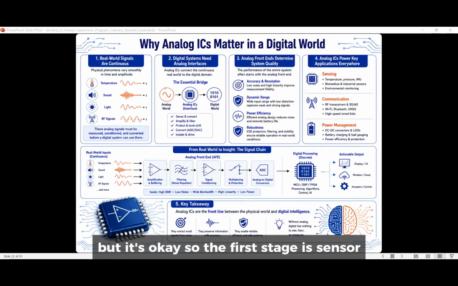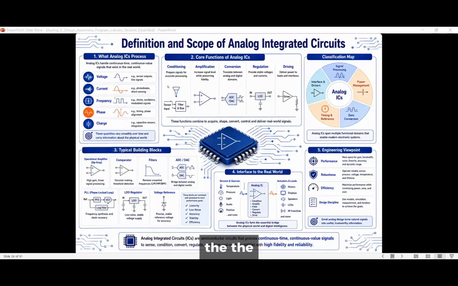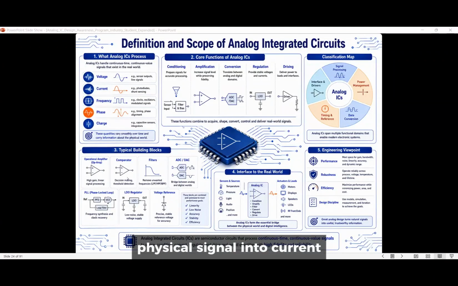So the first stage is the sensor, right? Here we still have a sensor. So why do we talk about current? Because this sensor normally converts a physical signal into current.